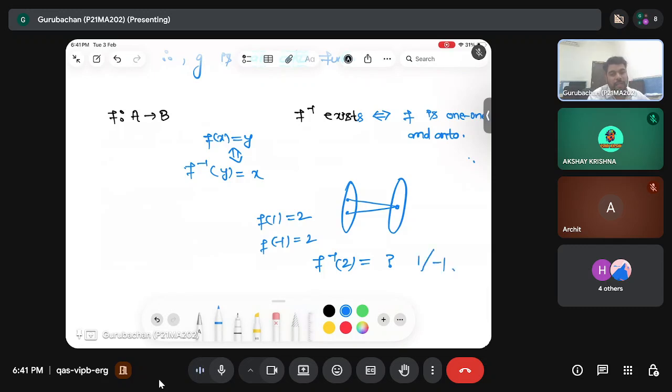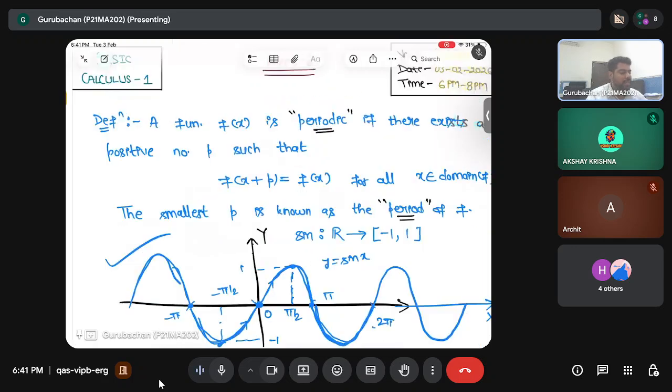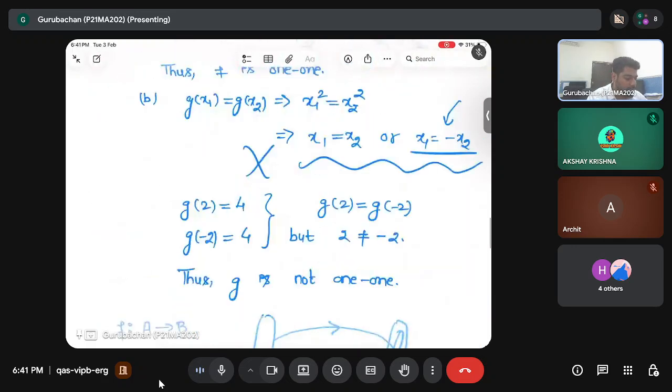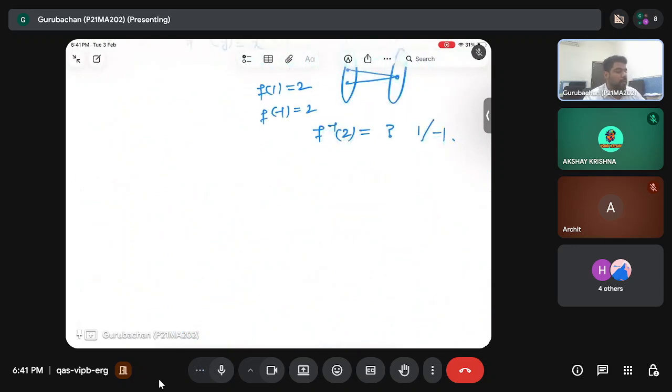So we cannot guarantee it. So if we take our function to be one-one, that means every member maps to one member, then we can guarantee the existence of this inverse, and also we can tell what the inverse of it is.